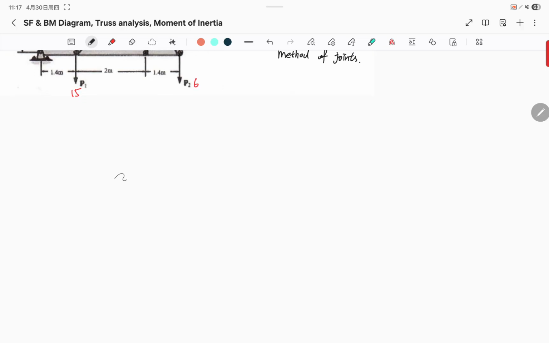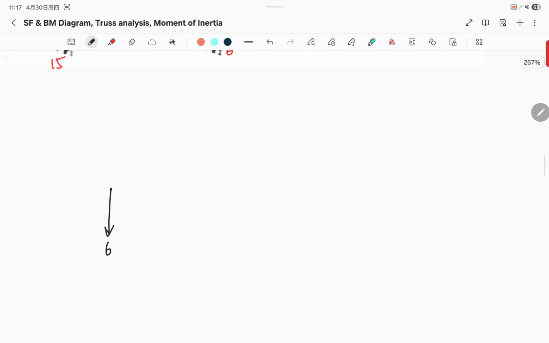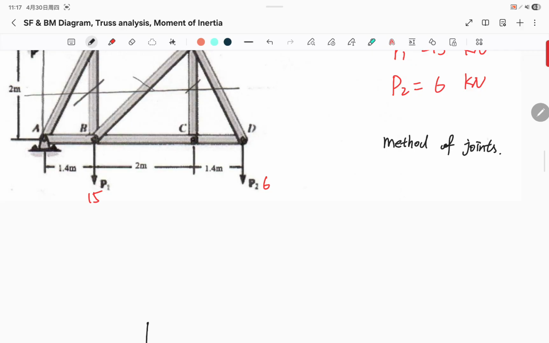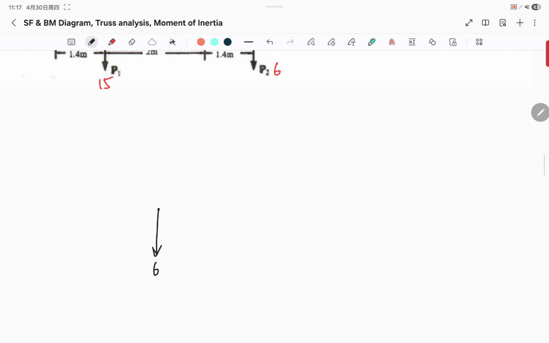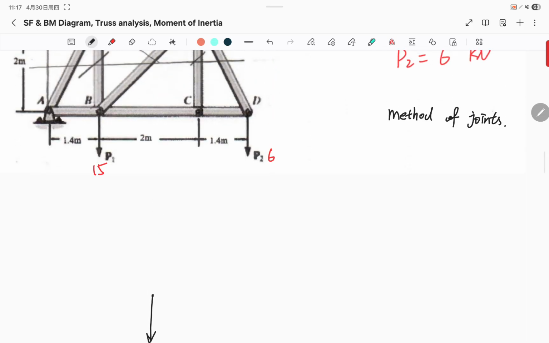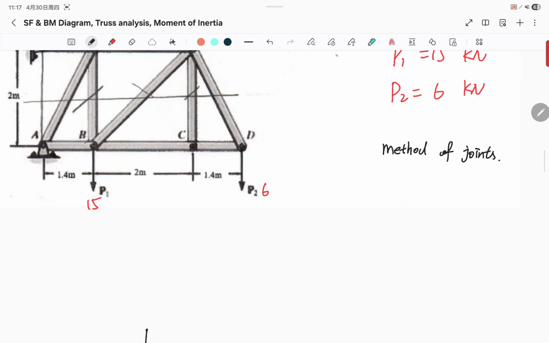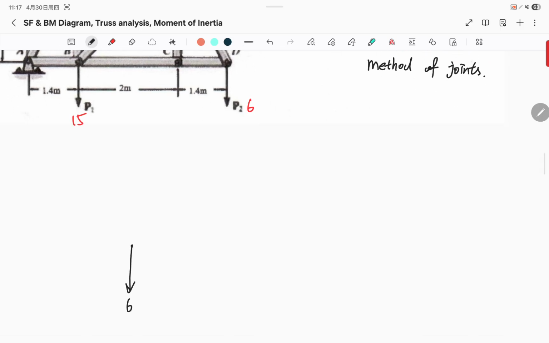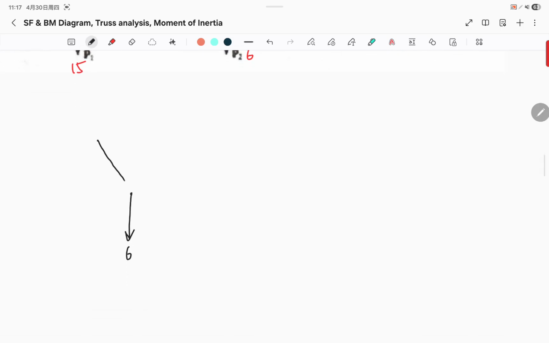At joint D, I have this downward 6 kilonewton force. I also have this one and this one. Since the given force is downward, and the only member that can have a y force component is this one, we're gonna give it a going up direction.